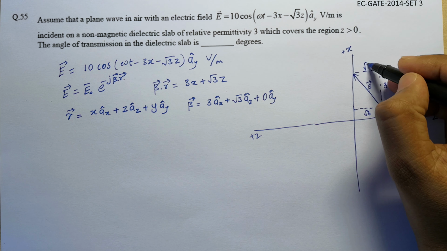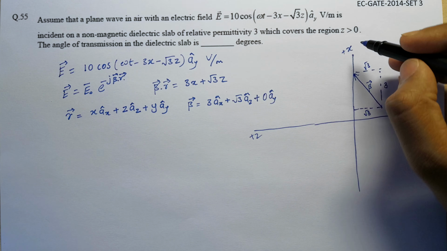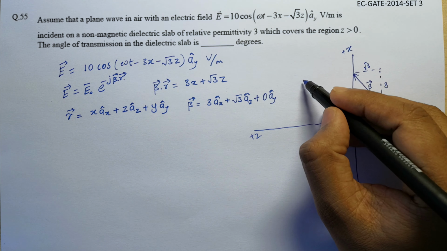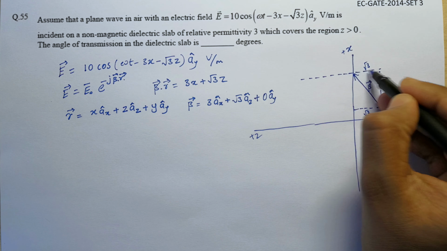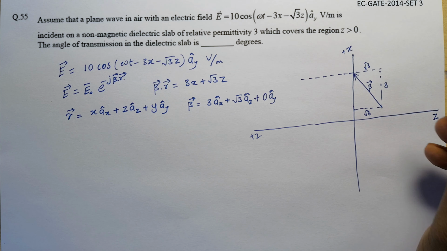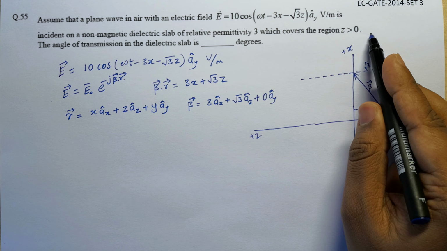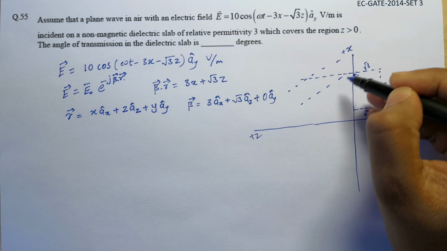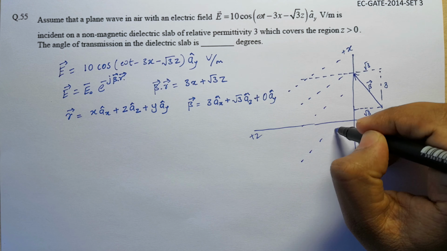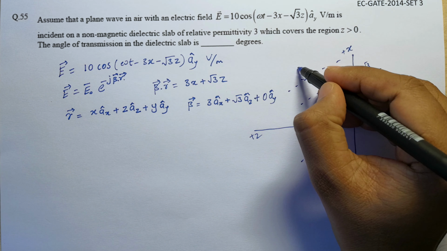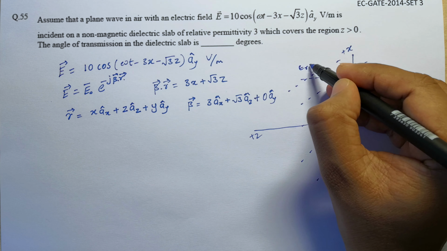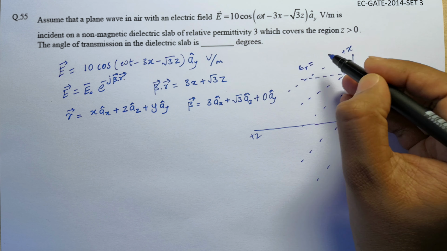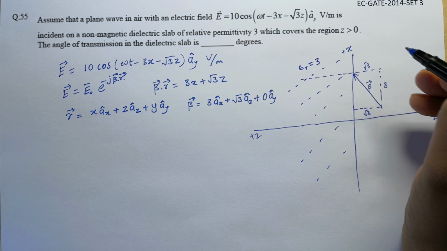Now, let us just draw a normal to this surface here. Now, we know that for z greater than 0, this medium is covered by a dielectric. So, for z greater than 0, this region is covered by a dielectric slab of relative permittivity 3.